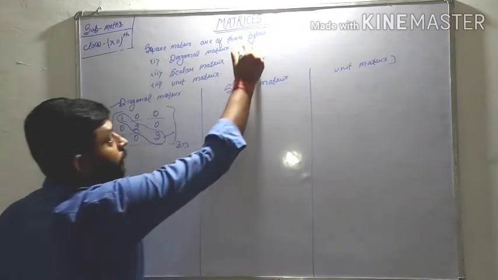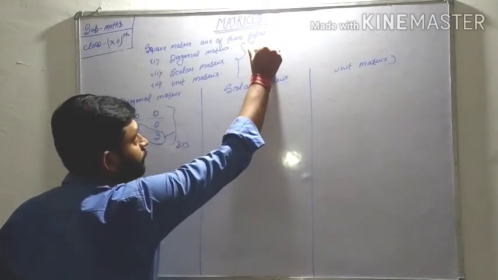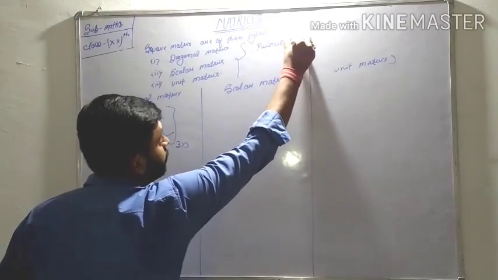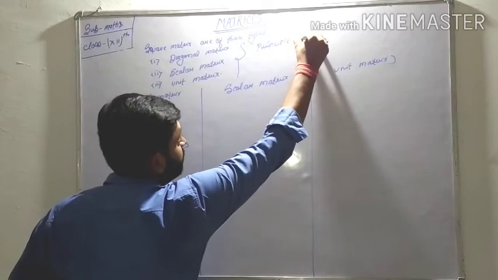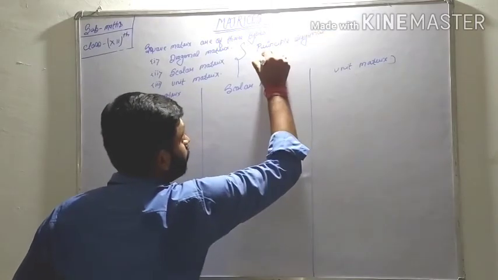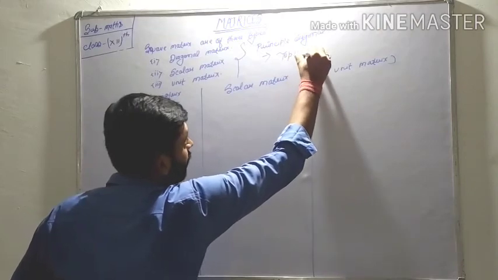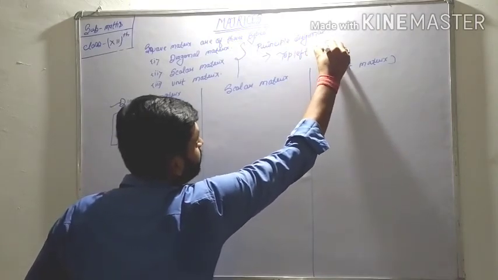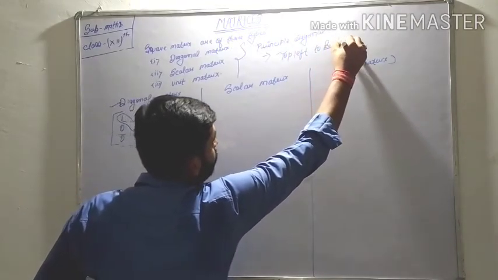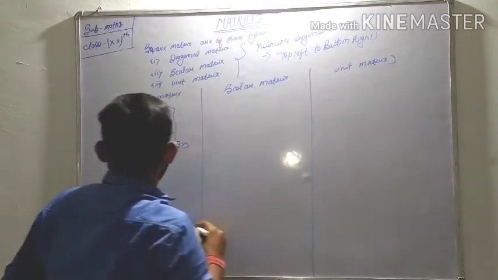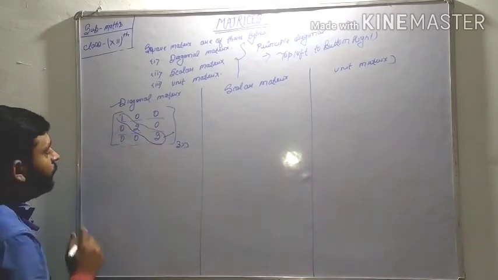So we are discussing a very important topic, the principal diagonal. What is the principal diagonal? It runs from top left to bottom right.